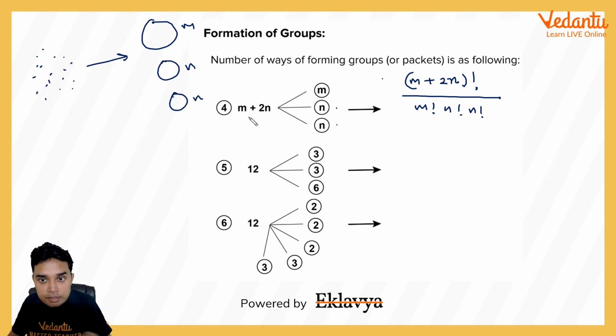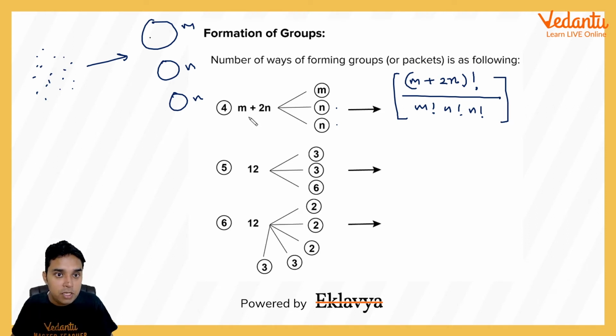Because this formula will give you all possibilities in which any m objects will be here, any other n objects will be here, and any other n objects will be here. There will be chances that whatever objects were put here might go to this place, and these objects might go to this place.